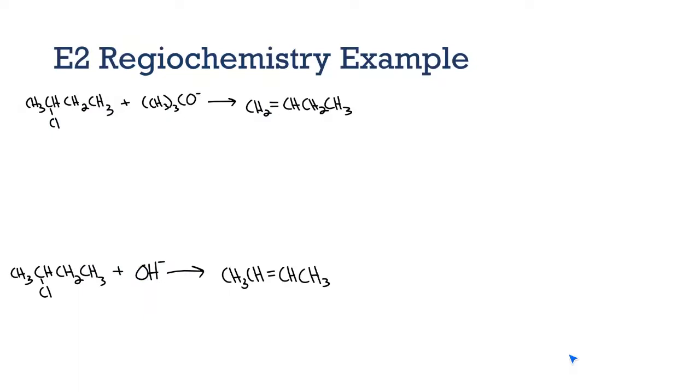Okay, so the same substrate here, but two different bases. So this here is t-butoxide. Like I said, it's an alkoxide with a tertiary butyl group on it.